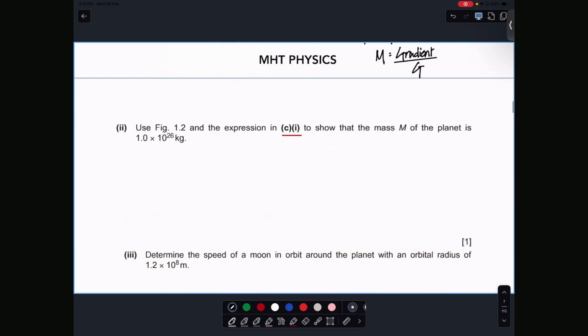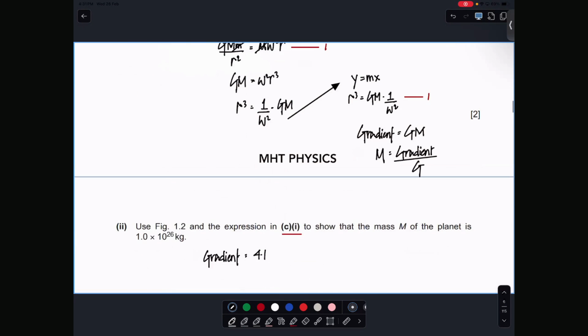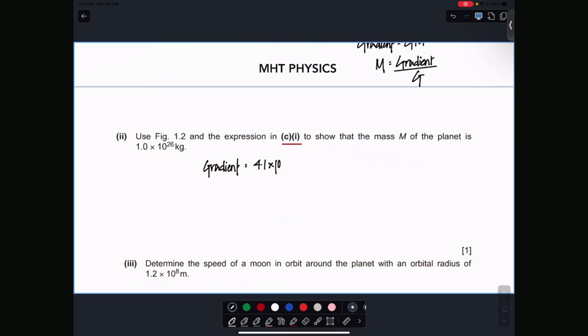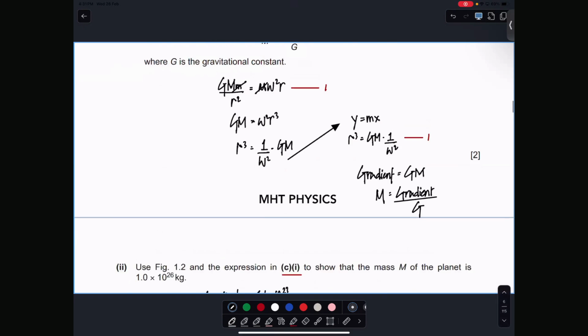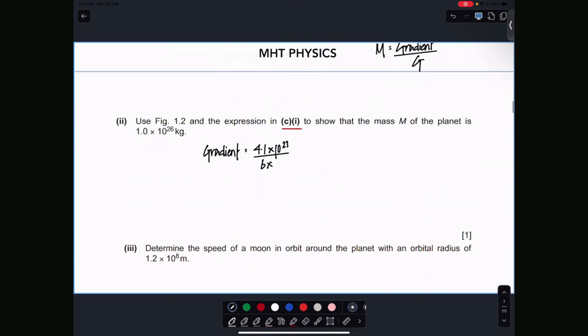So gradient is 4.1 into, careful, there's a lot here, 10 to the power 23 divided by 6 into 10 to the power 7.